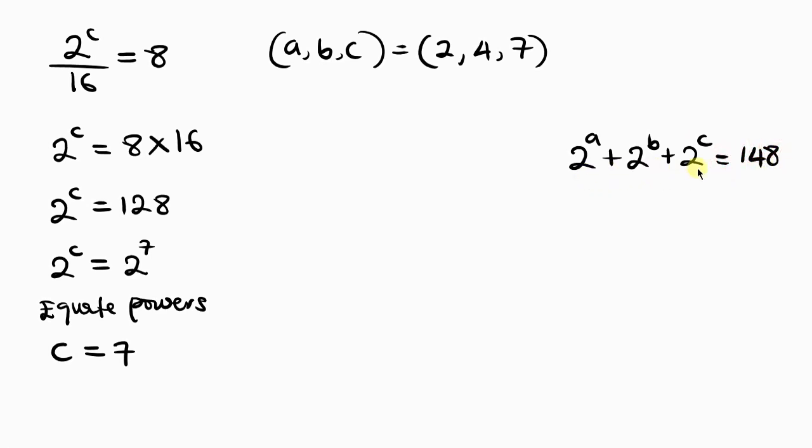And by symmetry, you see that even when we interchange the positions of the terms on the left, we're still going to have the same result, which means the value of a, b, and c can also be 4, 7, 2. Another possible value would be 7, 2, 4. So these are the possible values of a, b, and c.